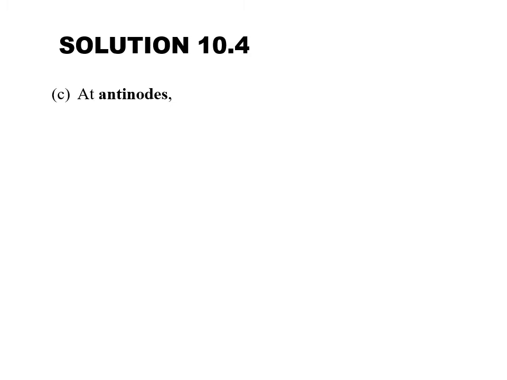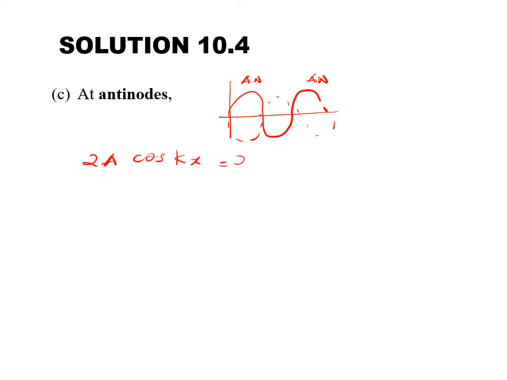Alright, for the solution at antinodes, the amplitude of the particle is maximum at antinodes. Look at this standing wave figure. This is our antinodes, meaning the maximum displacement. So from the amplitude of the particle, the equation is 2a cos kx, which is equal to 2a.